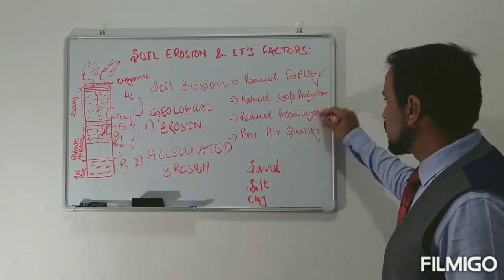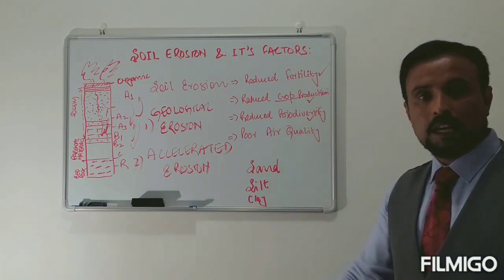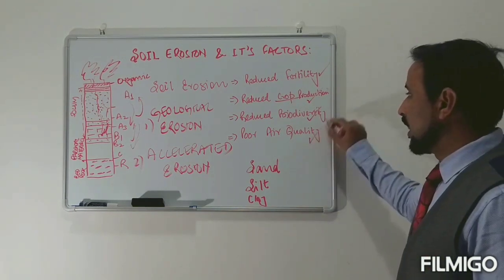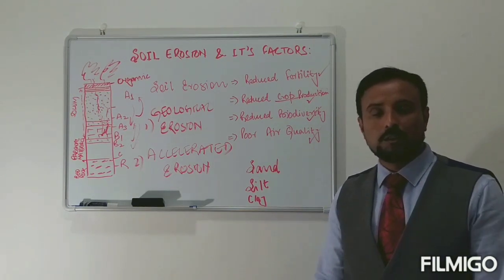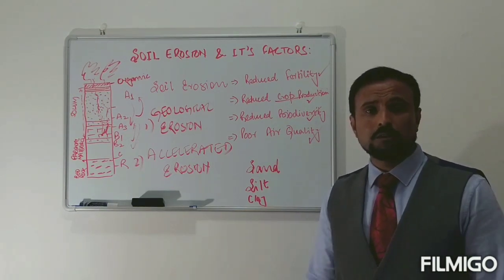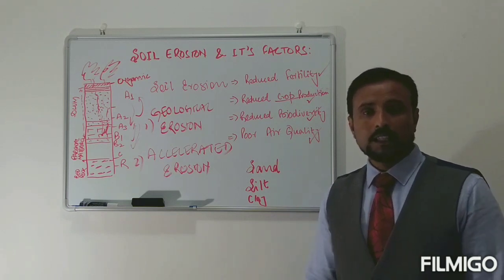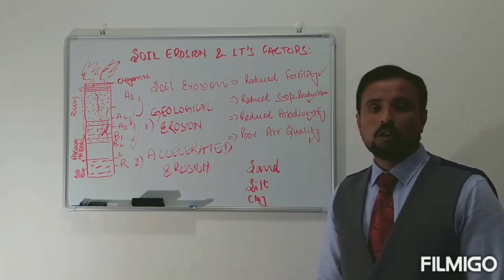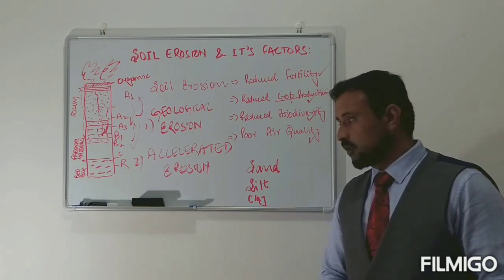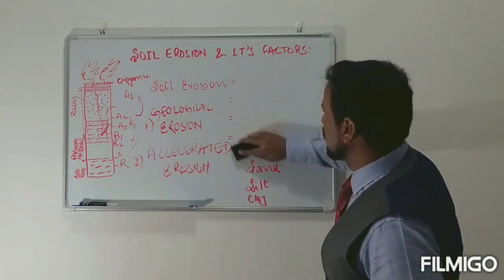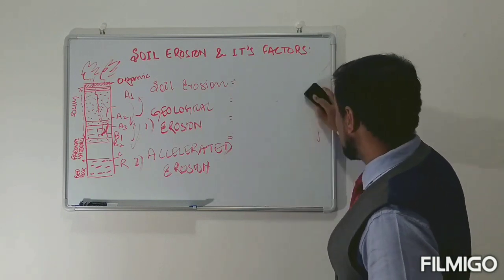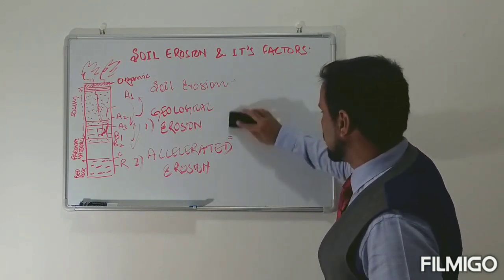Then biodiversity in that area is also lost, and poor air quality develops, because when the soil is less productive, there will be fewer trees and plants. So ultimately the air quality is compromised. These are the very simple fundamentals of soil erosion I am discussing with you here.